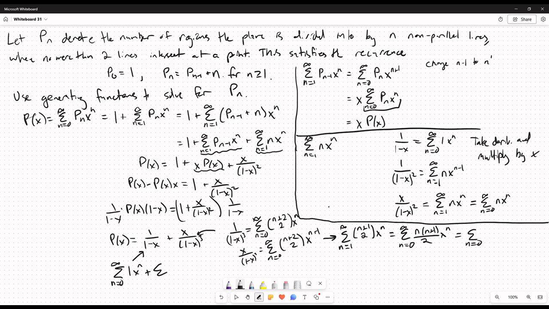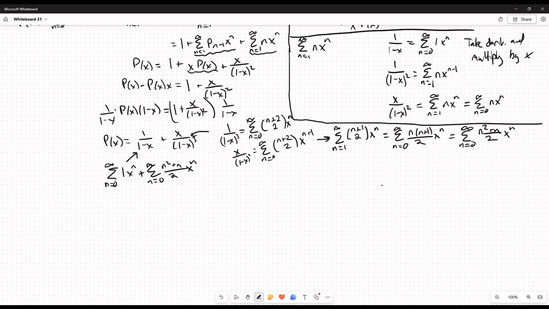Let's go ahead and FOIL that out to get n squared plus n over 2 x to the n. And we're almost there. We've done most of the hard work. I'm going to scroll down a little bit so that we have a little bit more room.